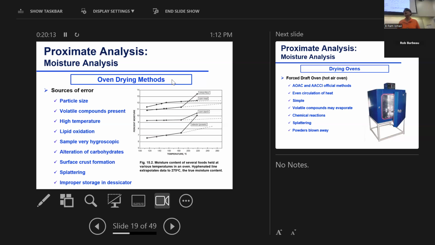Spray drying high lactose solutions is really hard because of the wanting to keep the water bound, hygroscopic. Like I said, there's burning of carbohydrates, surface crust formation, splattering. That's why we do pre-drying, and improper storage.